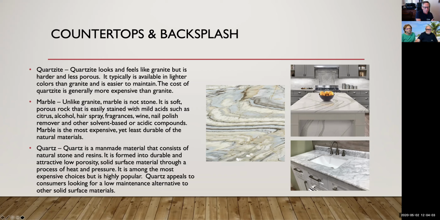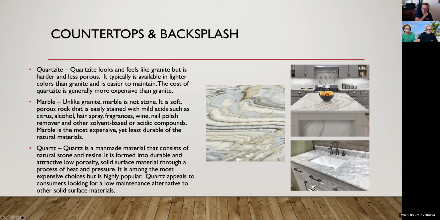And then probably one of the most popular, quartz. That's a man-made material that consists of natural stone and resins. It's formed into quite durable and attractive low porosity solid surface material through a process of heat and pressure.